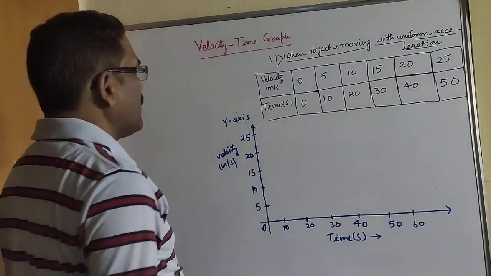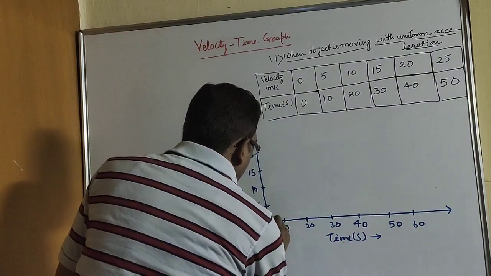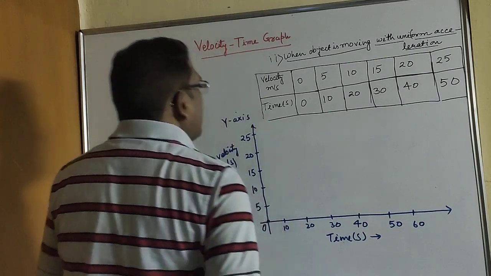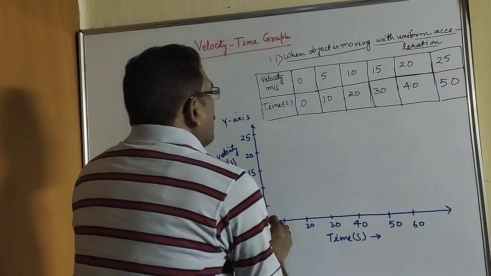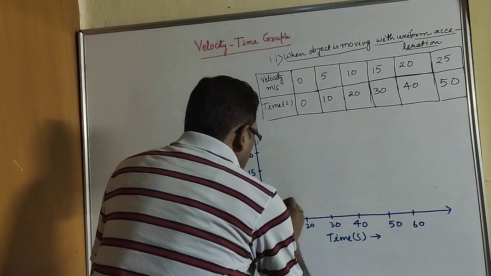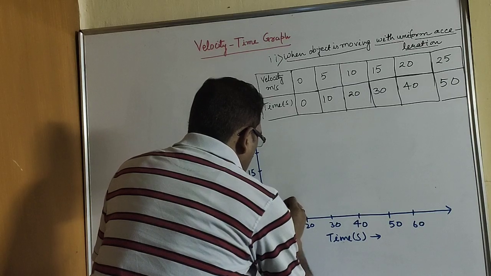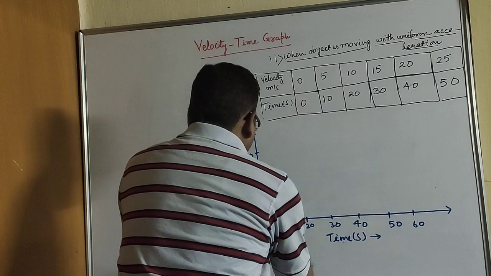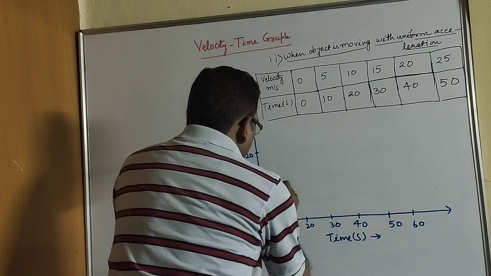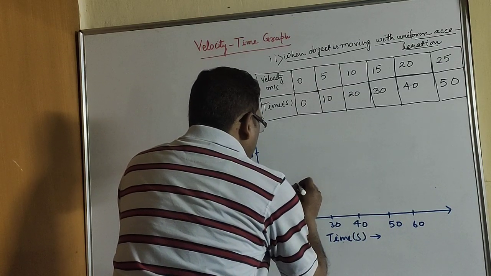So if we will draw a graph, first at beginning, it means when time is 0, velocity also 0. When time is 10 second, velocity is 5. When time is 20, velocity is 10.